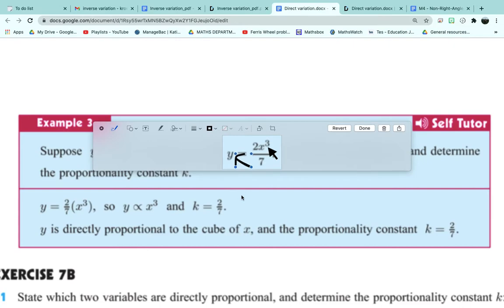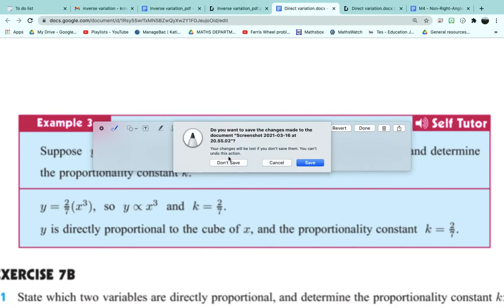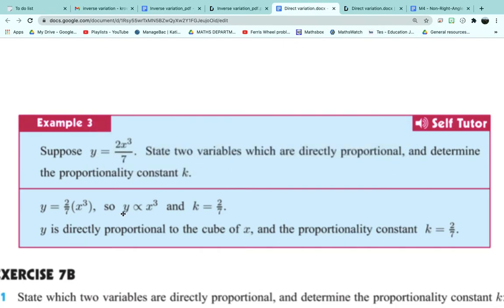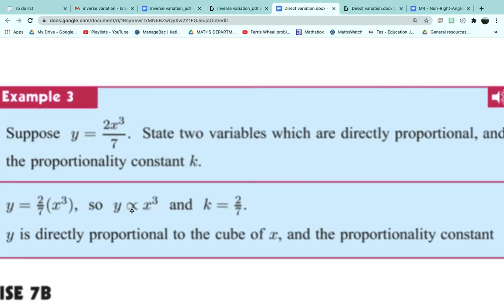Therefore, for our answer, we're going to say we have proportionality between y and x cubed. Remember, you need to use this fish symbol. And then k is simply the additional constant of proportionality.